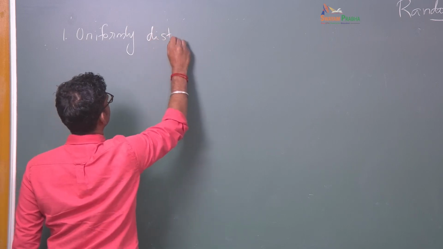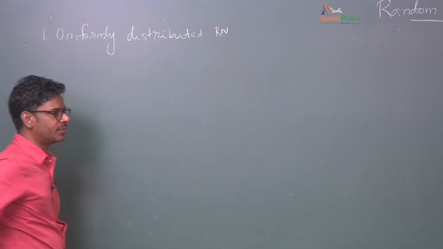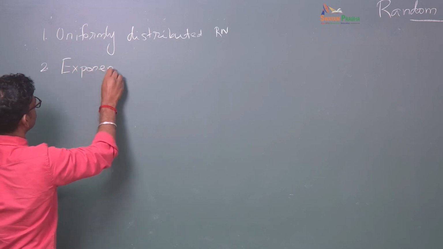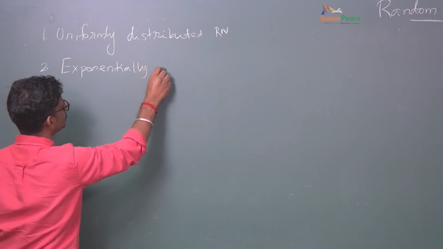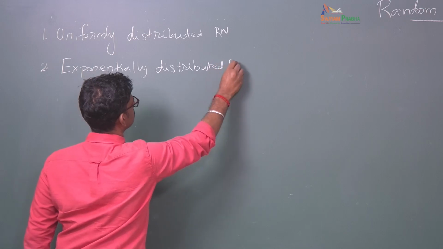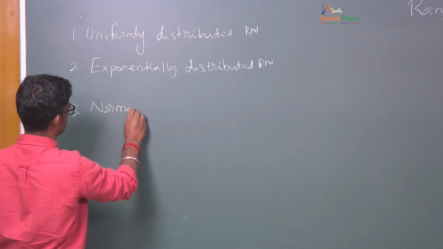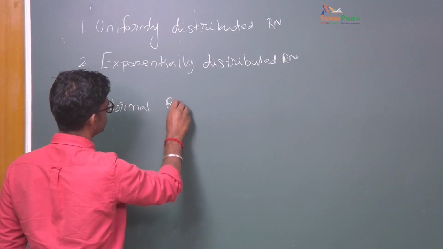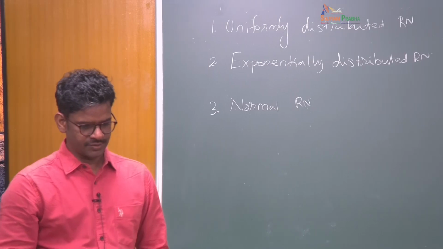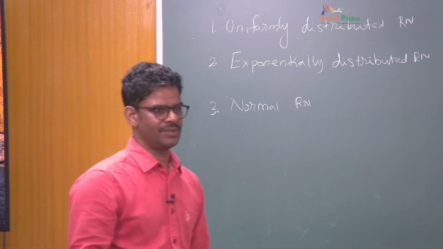Uniformly distributed random number, exponential, and normal random variate. So, we will specifically talk about some numerical algorithm by which we can create these random numbers, and the application of these random numbers we will see throughout the course.